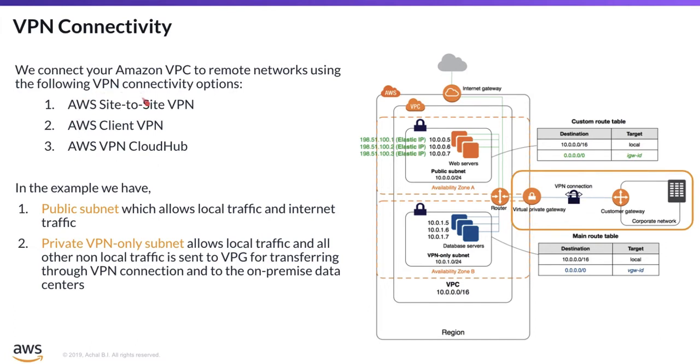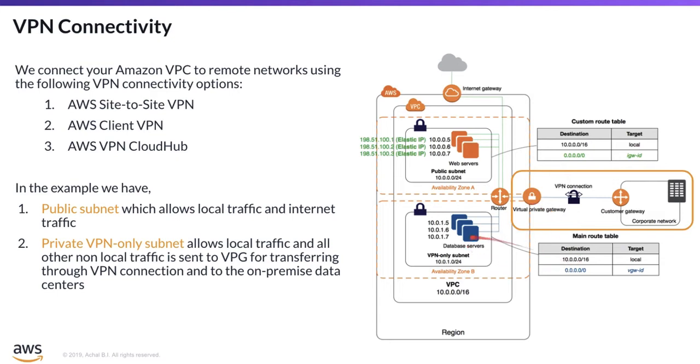There are different kinds of VPN connection which can be established, and one is AWS site-to-site VPN. This is a prime example of what site-to-site VPN looks like. We will have two components sitting over here. The customer gateway can be hardware or software. But there has to be a virtual private gateway attached to the VPN, which is virtual in nature. This is not a hardware device.